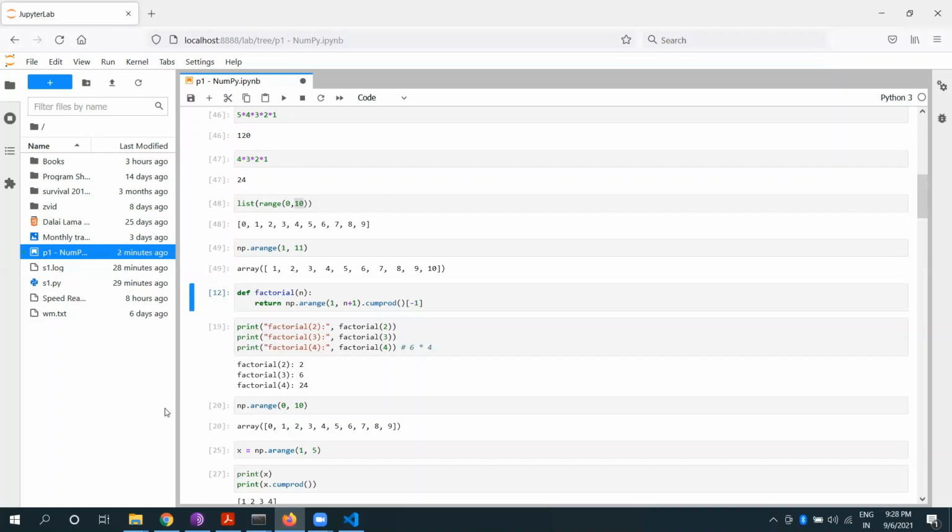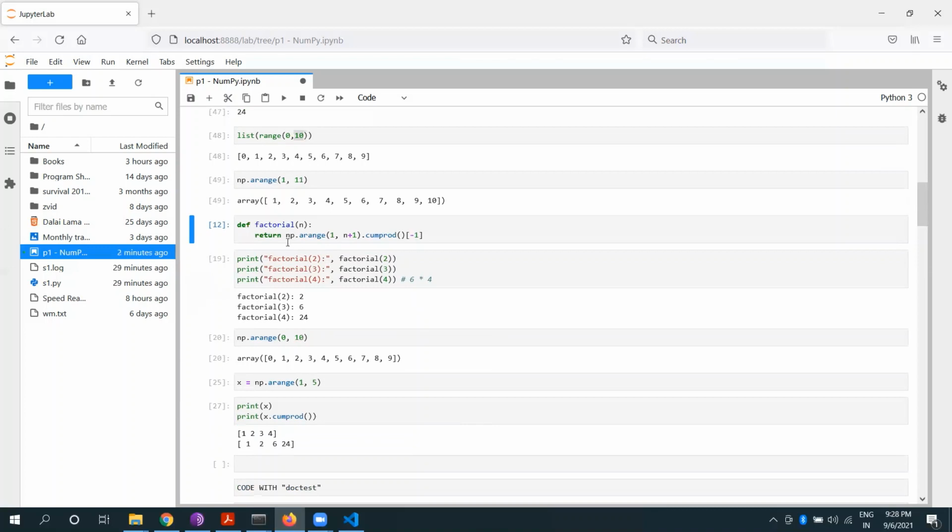We do not need to remember them all. A basic understanding of NumPy would help us get started with using this package, and after that we can refer to the documentation. But a basic understanding is a must, such that if x is a range, it contains elements from 1 to 5, exclusive of 5, so 1 to 4.